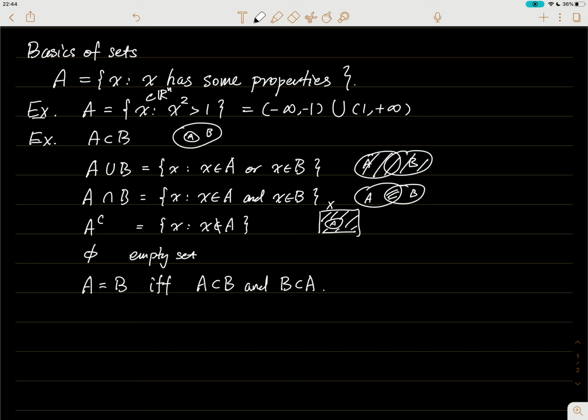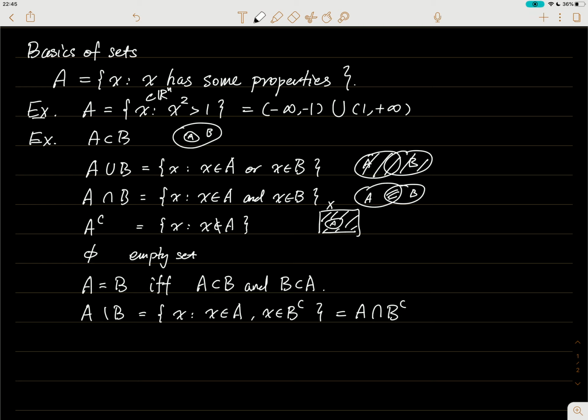Okay, the last one is the set minus, A minus B. This is just the set of elements that are in A but not in B. Okay, so you can usually write this as the intersection of A and B complement.